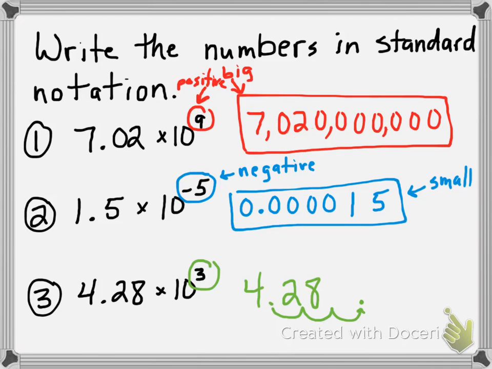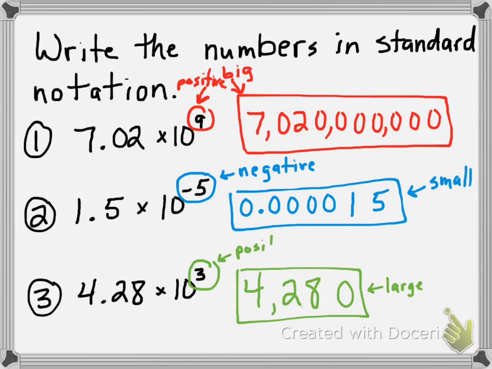And again, I need to fill in the empty spots with a 0, and I can erase the other decimal. Okay, and I don't really need the last decimal either. Okay, but I do need my comma. So 4.28 times 10 to the 3rd is equal to 4,280. So that's my answer. And again, checking to make sure I moved it the right way. It's a large number and it's a positive exponent.